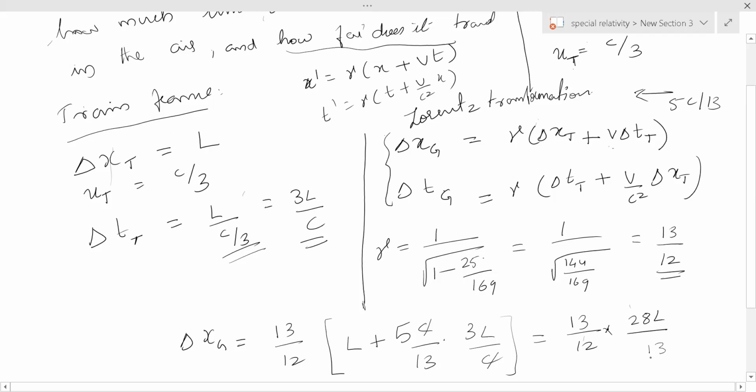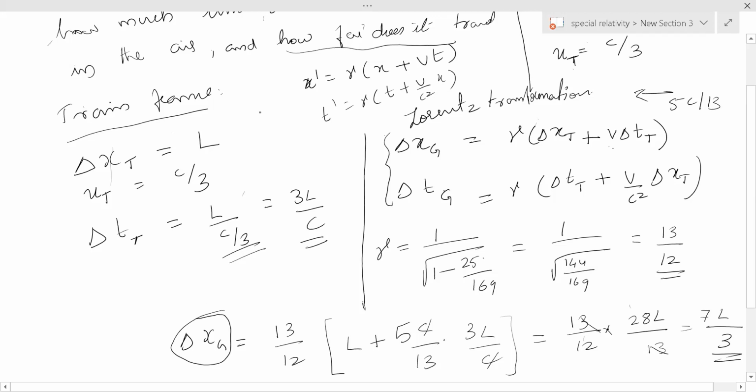These get cancelled and you can divide 4 by 4, and that gives just 28 by 12, which is equal to 7L by 3. This is the distance traveled by the ball with respect to the ground.